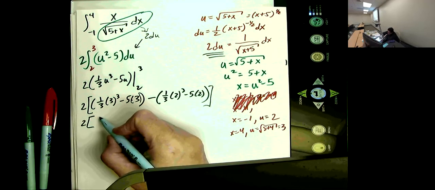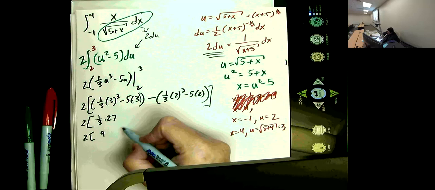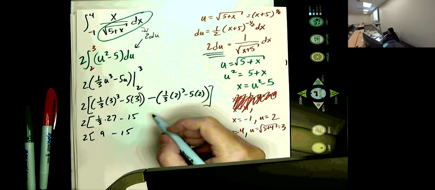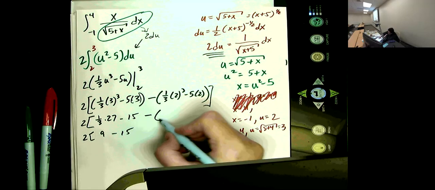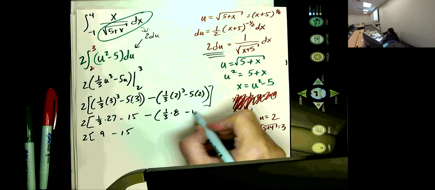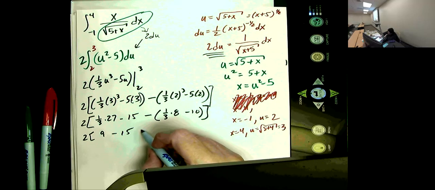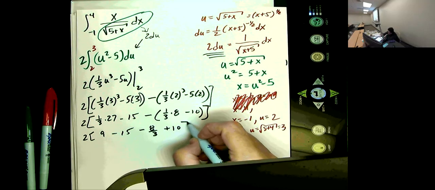This is 1/3 times 27, which is 9, minus 15. Minus 1/3 times 8 minus 10. If I distribute the negative here, I have minus 8/3 plus 10.